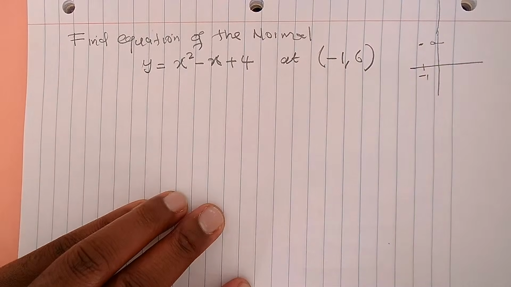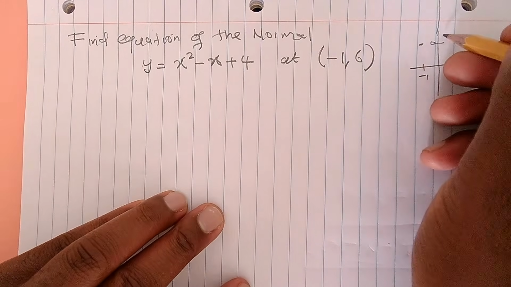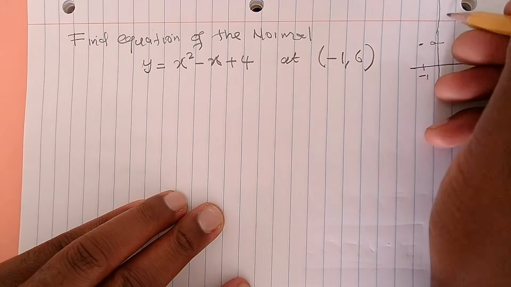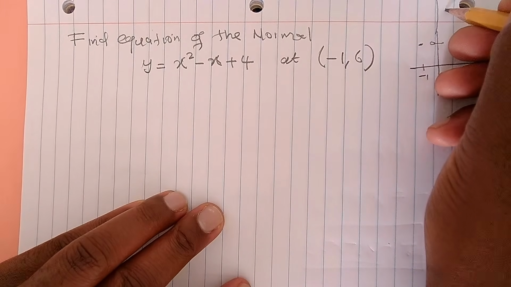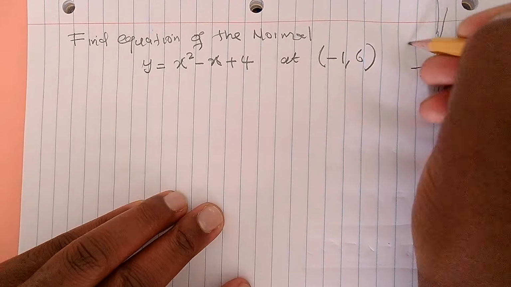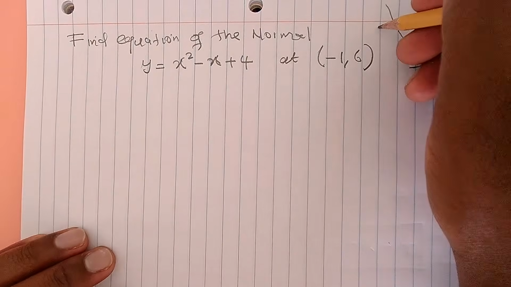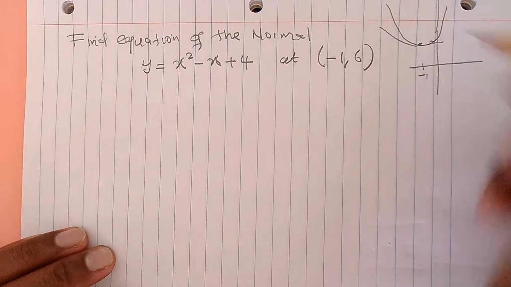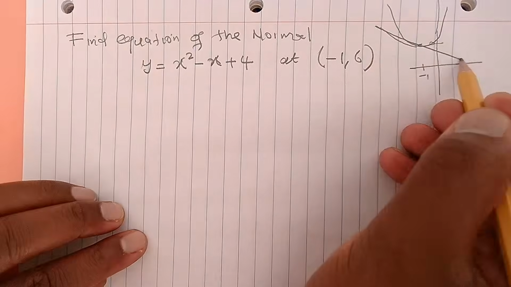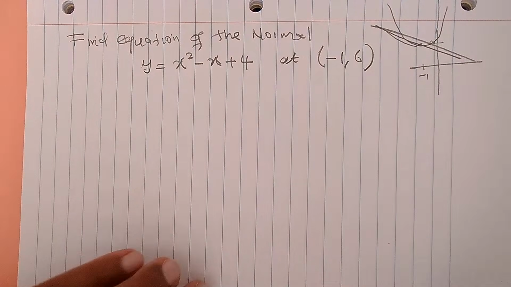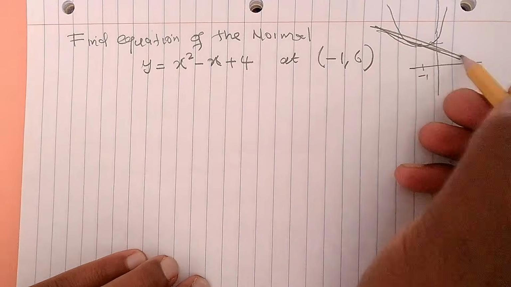So let's see if x is 0. Yeah, maybe something like that, right? And then maybe there's a line that passes like that. It's not an exact graph, but you have something like that.